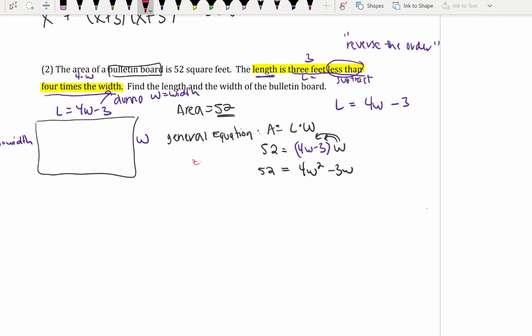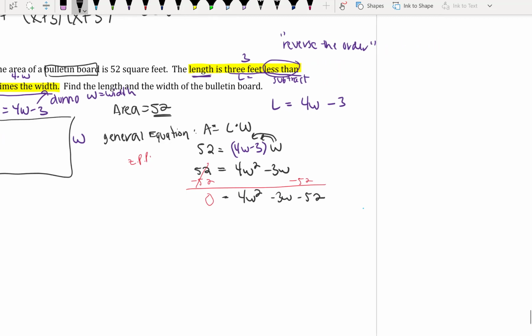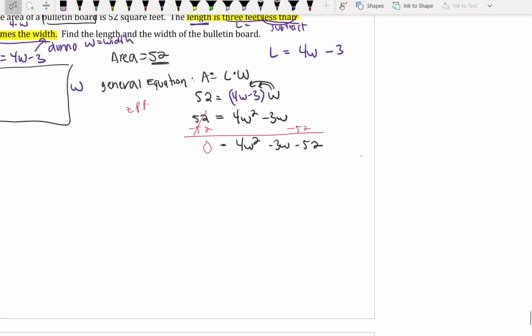So in order to use the zero product principle, I need this to be 0, so minus 52 to both sides. So that's how I get this 0, which is exactly what I want, and 4W squared minus 3W minus my 52. From here, we want to factor now.